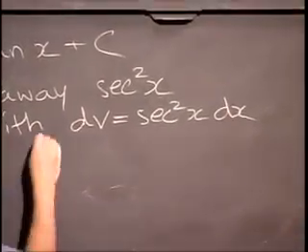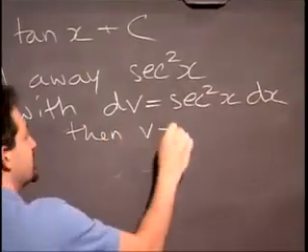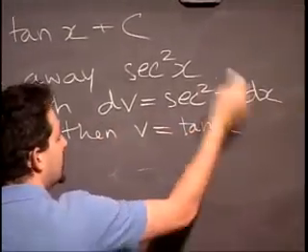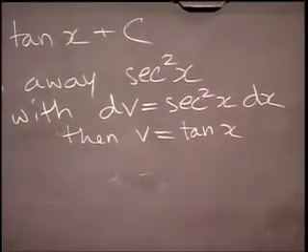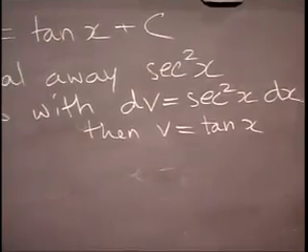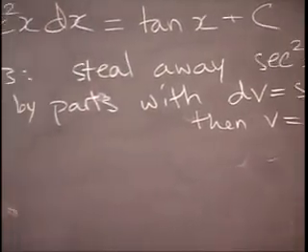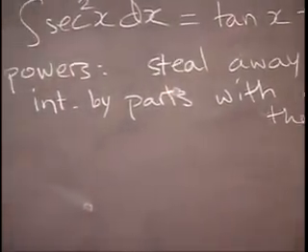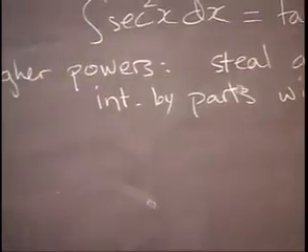You see, then you'll get v is tan x. So that's the first thing: steal away secant squared x and integrate by parts. But even after you do that, you'll still have work to do.